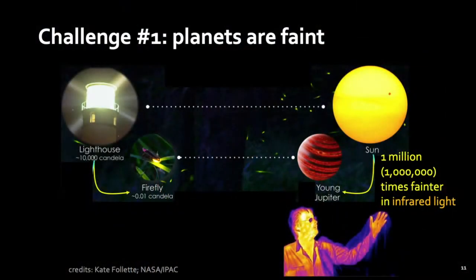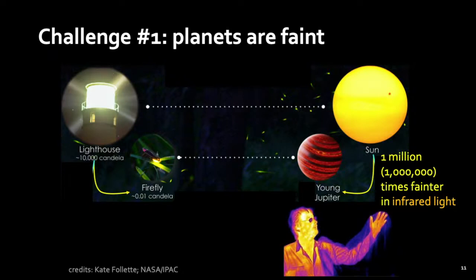So on slide 11, the first challenge is that planets are, of course, faint, relative to stars anyway. Even the easiest case that we can do today is to look at these bright, hot, glowing young superjupiters. In these systems that are a few million or 10 million or 100 million years old, the planets are still warm from the heat of their formation and glow in the infrared.